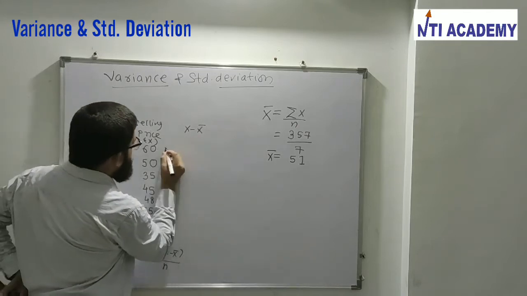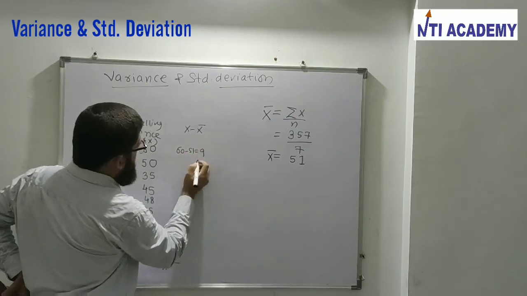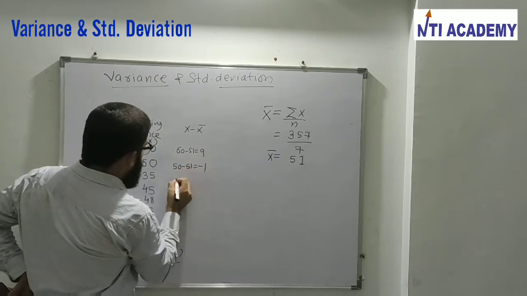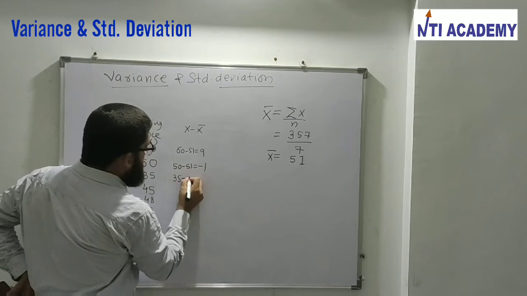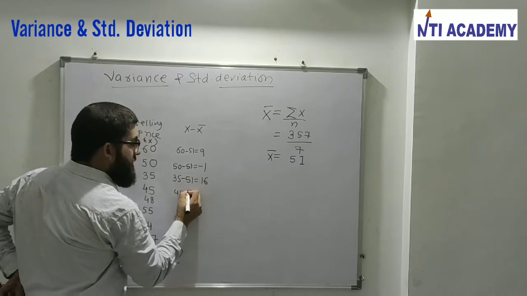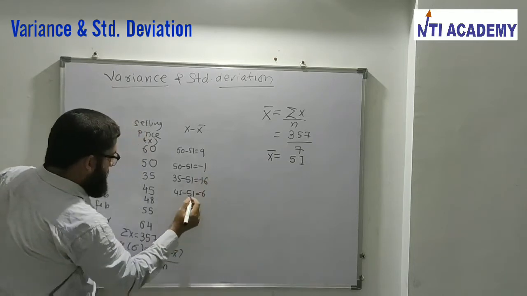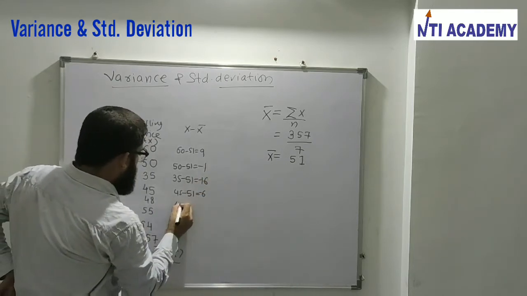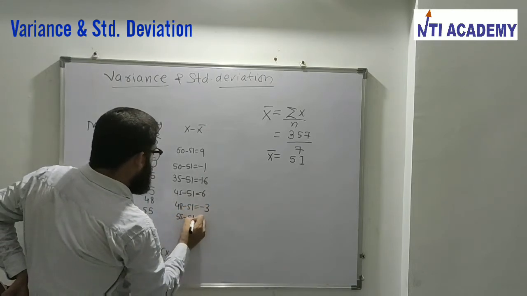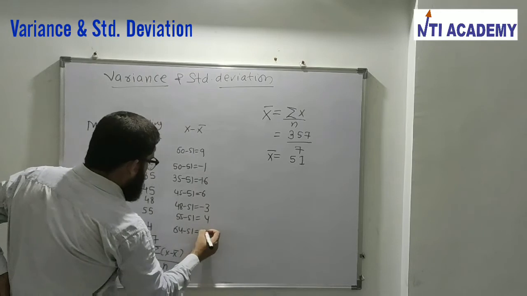So 60 minus 51 is 9, and 50 minus 51 is minus 1. 35 minus 51 is minus 16, and 45 minus 51 is minus 6. 48 minus 51 is minus 3, 55 minus 51 is 4, and 64 minus 51 is 13.